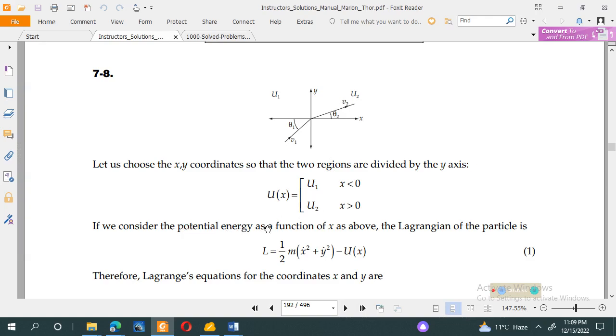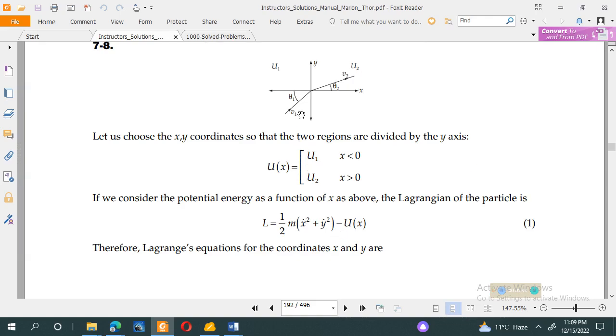If we consider the potential energy as a function of x as above, the Lagrangian of the system will be as follows. Because the particle has coordinates x and y, its kinetic energy will be equal to m over 2 times x dot squared plus y dot squared. The Lagrangian is equal to T minus U, as we know.